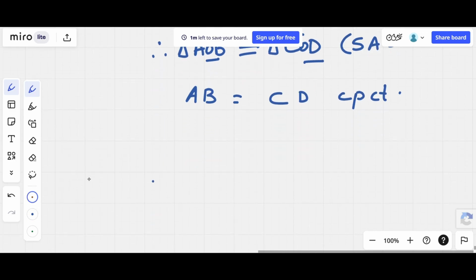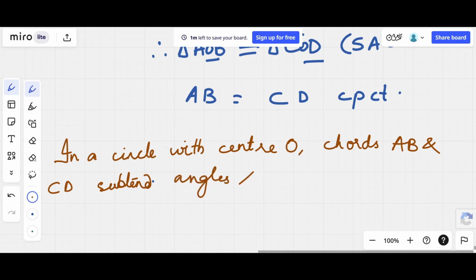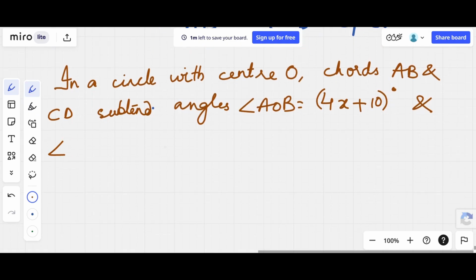Now the next question. Read carefully. This chapter as a whole is very important.